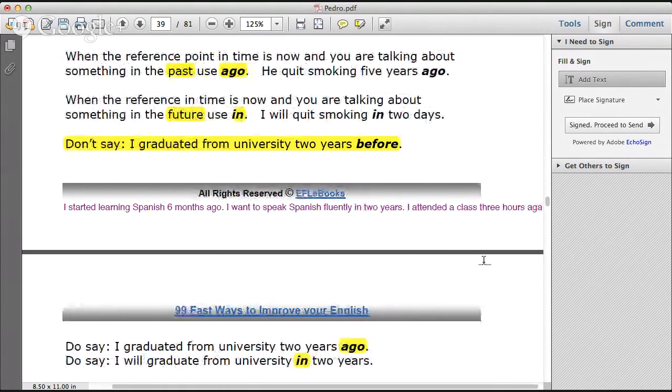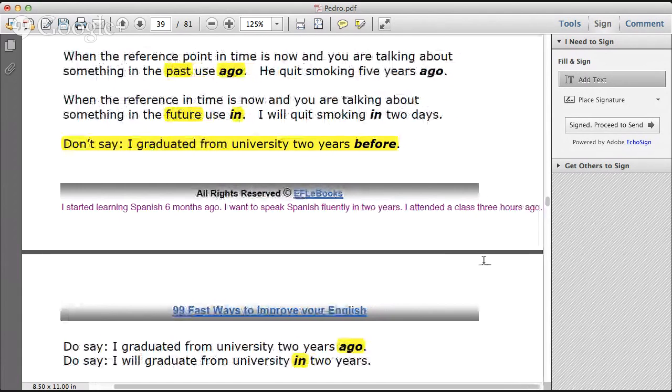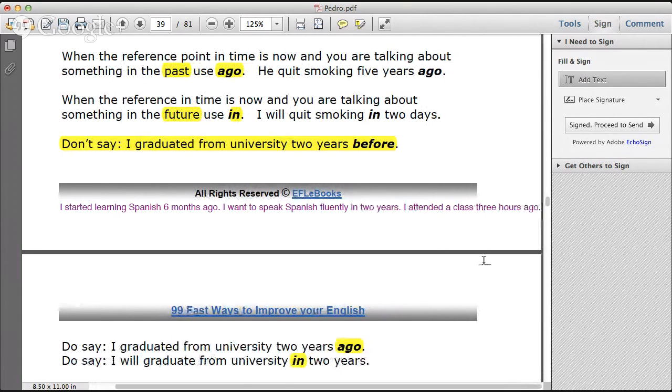And another one. I will be sleeping in a few minutes. Okay, in a few minutes. I will be sleeping in a few minutes. Very cool.